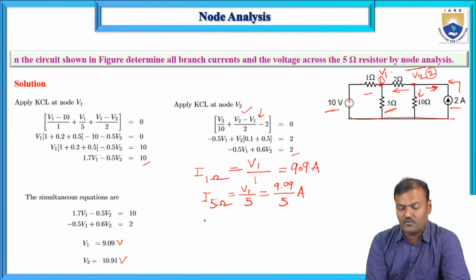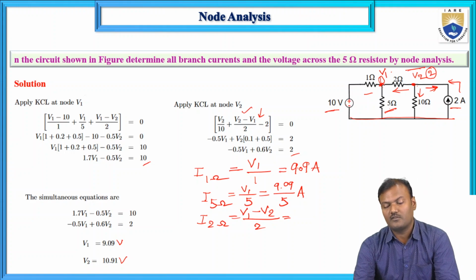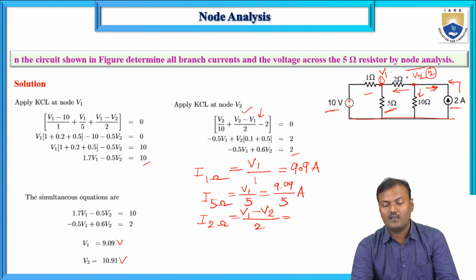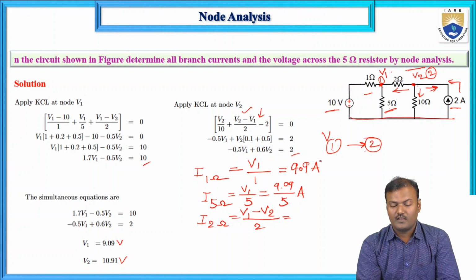And the next one is the current flowing through 2 ohms, which is V1 minus V2 divided by 2 ohms. Why it is V1 minus V2: two voltages are present here, at node 1 and at node 2. That is, if we assume the current is flowing from node 1 to node 2, then it is V1 minus V2 divided by 2.